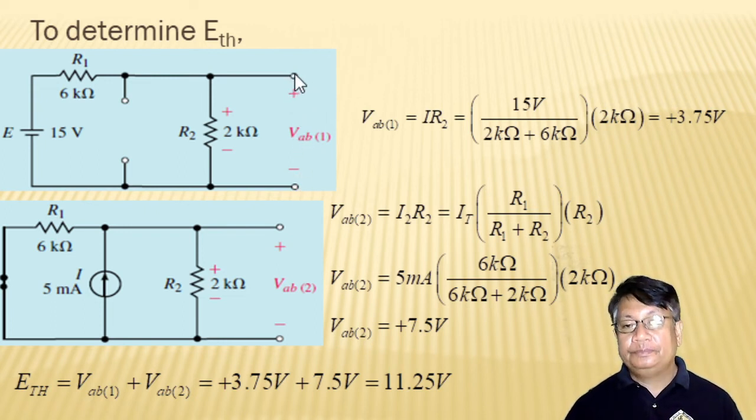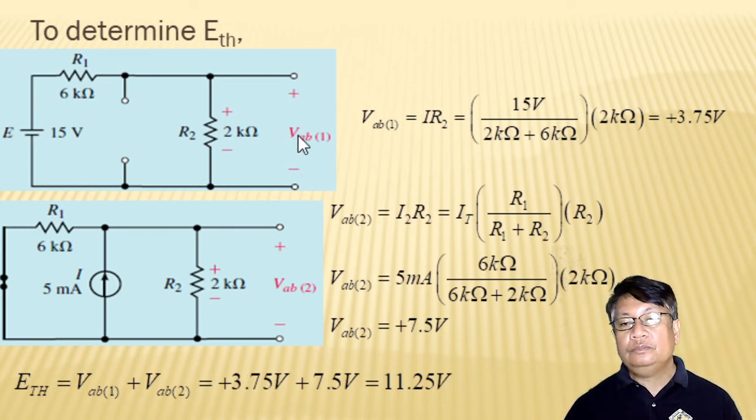Since we have two sources, voltage and current, you are going to determine your terminal voltage here. Later that will become your Thevenin voltage from this portion going back.